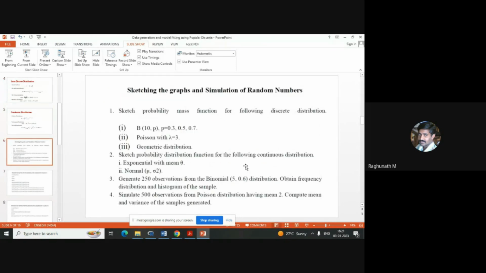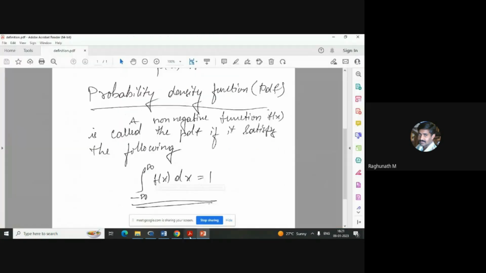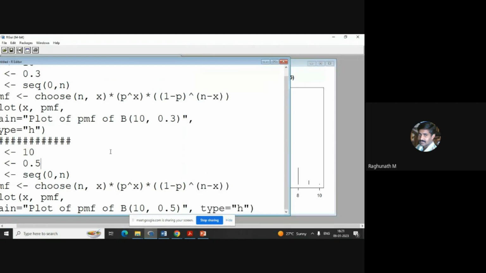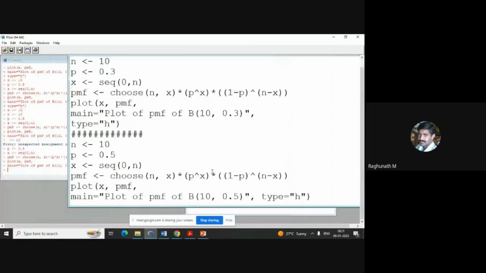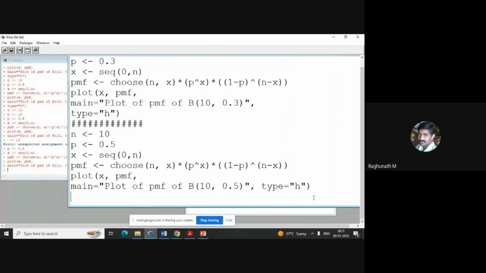Now we shall see how to plot this and see how the graph looks. Again, this is a discrete distribution. The command is quite similar to what we had earlier.